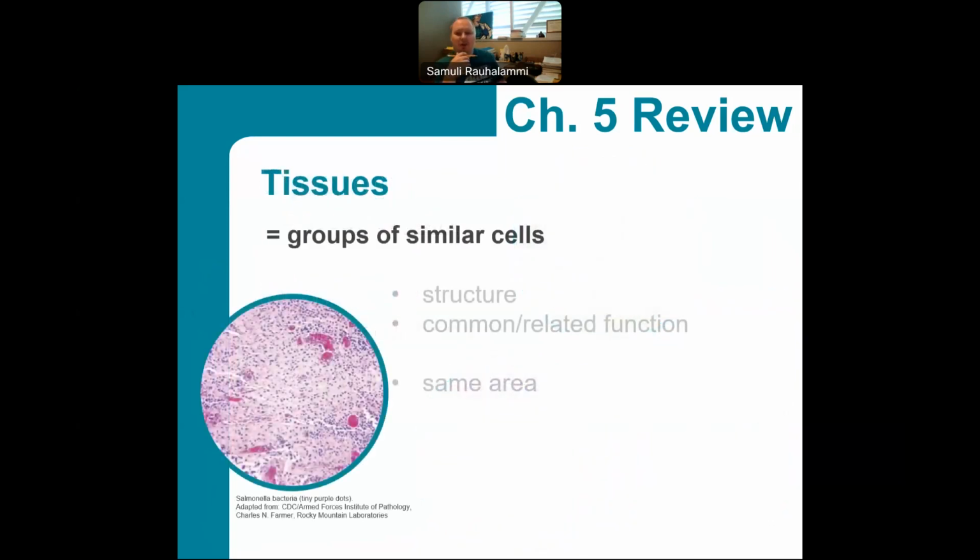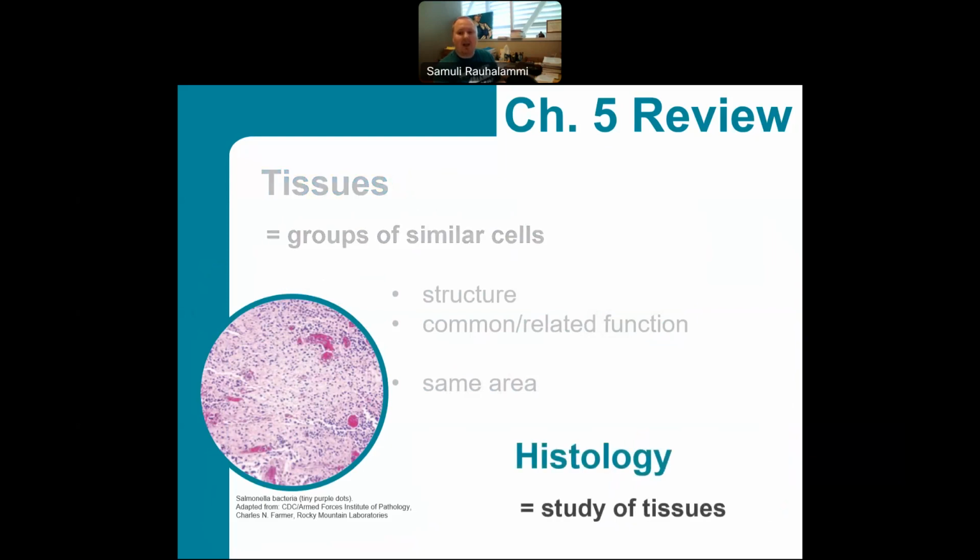So tissues are groups of similar cells, and these cells share a similar structure. They often have a common or related function, and they are often located in the same area to form one tissue. But we will see tissues all over the body, and even though they're located in different parts, the same tissues do typically share very similar structure and common function.